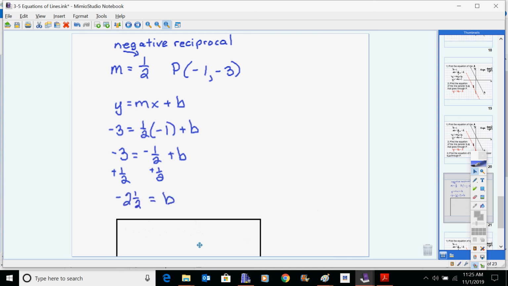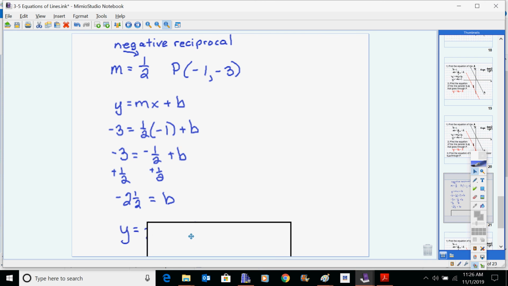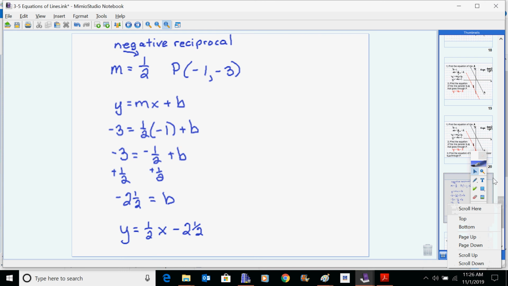We get -2.5 is your b. That's your y-intercept. And then you write the equation. You can have a mixed number or a decimal come into it. So y equals 1/2 x minus 2.5. And we are going to check to make sure that this makes sense momentarily. If you could all just write this down first, and then we're going to check it.